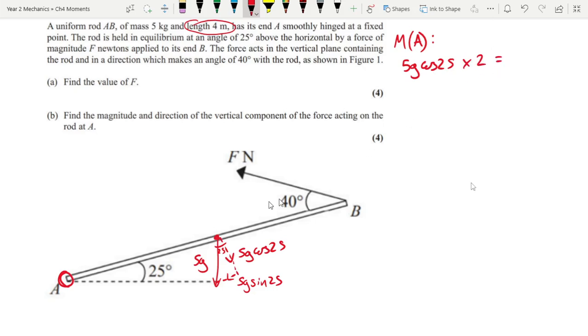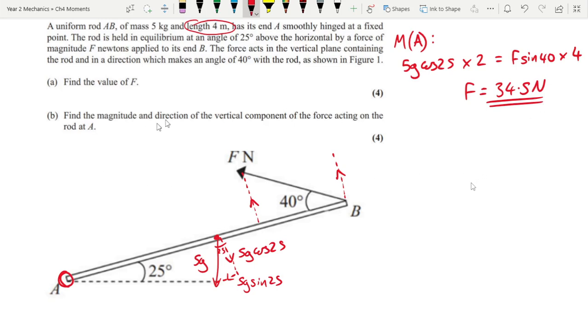And that equals, now it needs to be the perpendicular component of the force, which I could draw on here. I could also draw it here if that makes it clearer, because it's technically acting at point B. So that's going to be F sine 40, is that component there, times the distance, which is 4 meters away. I can then solve this to find F, and I get 34.5 newtons.